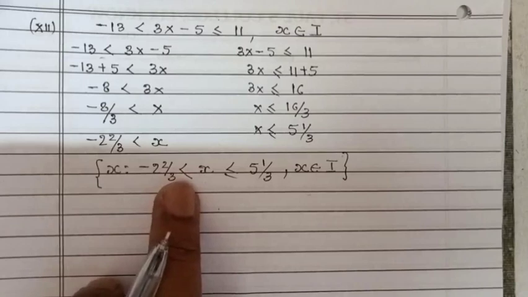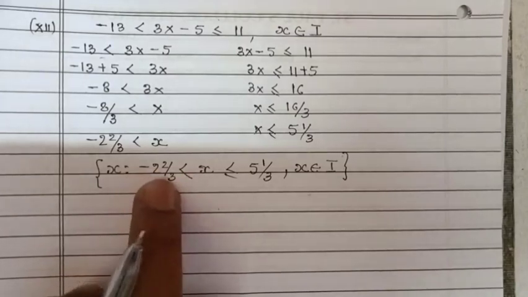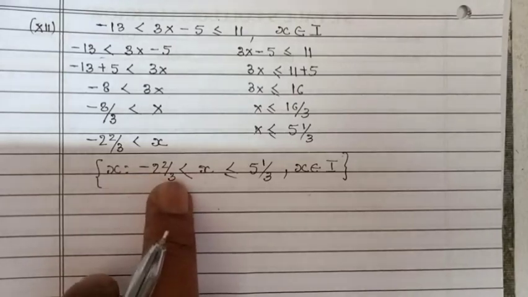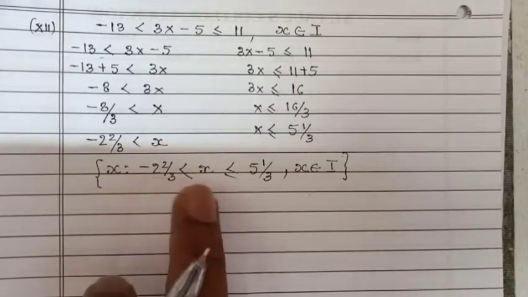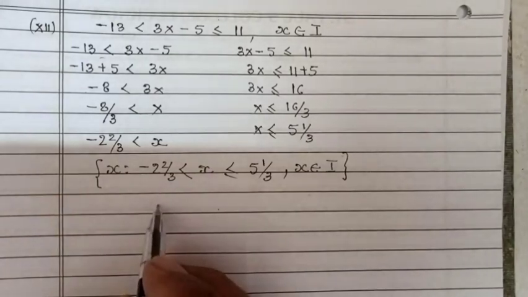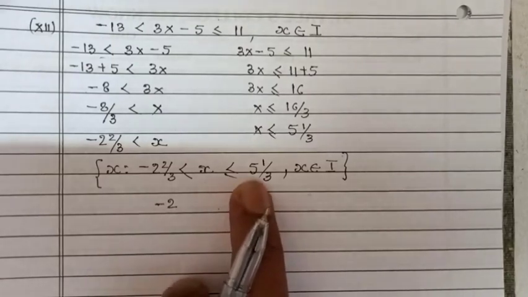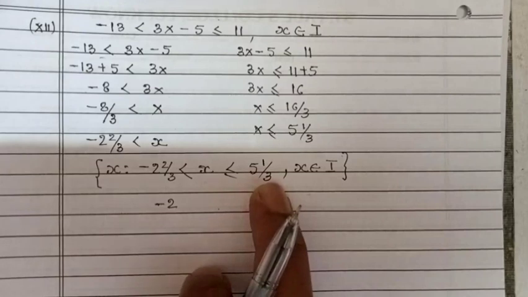Now first of all we have to take the integer which is greater than minus 2 point, this will give you nearly 2.6, or you can say 2.7. So we have to get integer which is greater than minus 2.7. So that integer starts from minus 2, and we have to go up to less than 5.3. So less than 5.3 we get 5.